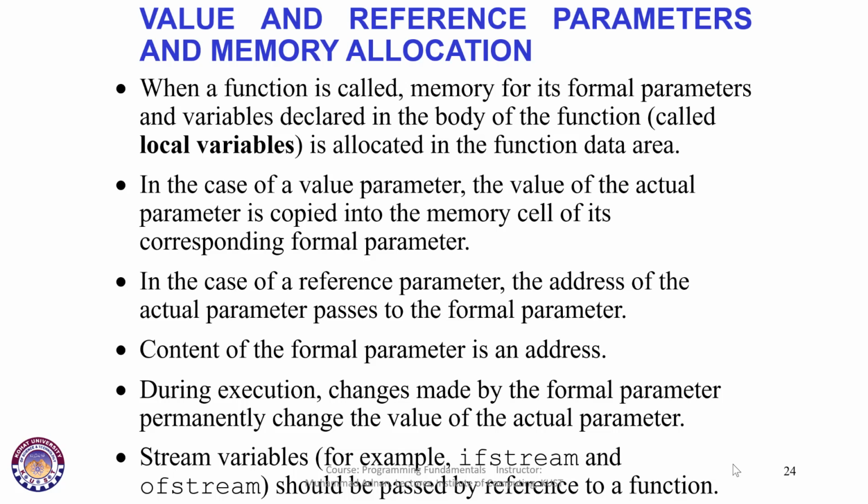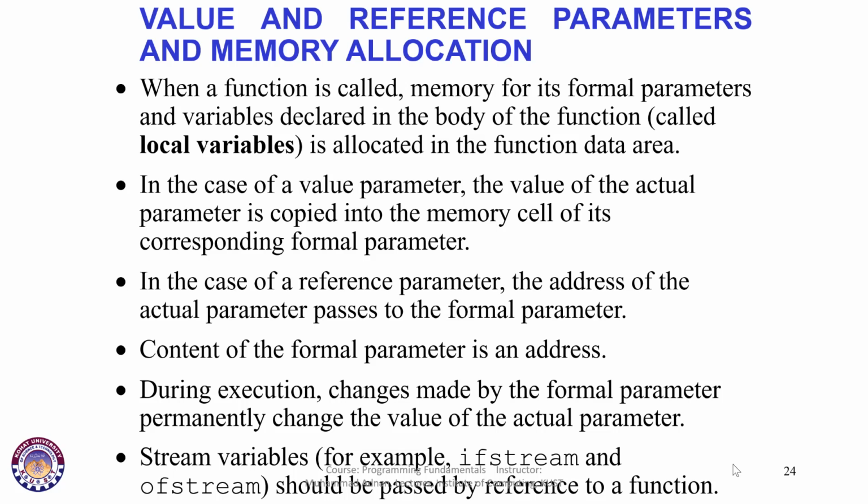During program execution, changes made by the formal parameter permanently change the value of the actual parameter. If a formal parameter changes something, that is reflected in the value of the actual parameter. Why? Because now you have an address. The address points to the same area where the actual parameter has its value.